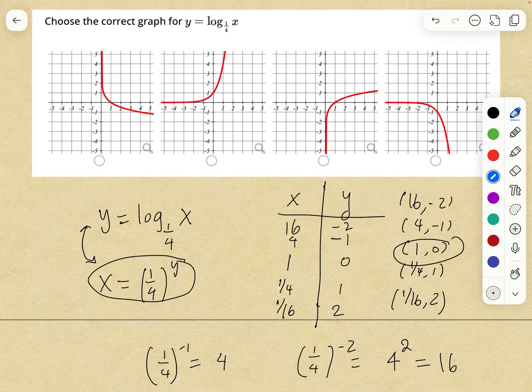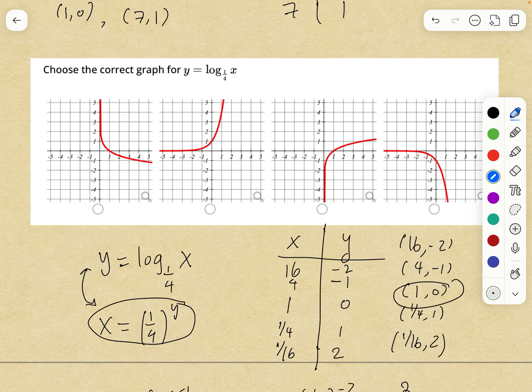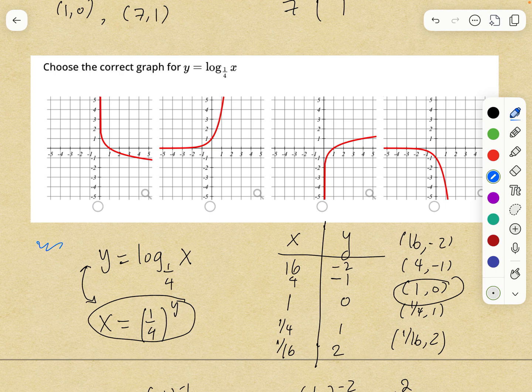Well, the second one certainly does not go through (1, 0). The third one does, the fourth one doesn't. So the fact that (1, 0) is on the graph rules out the second and fourth one. Okay, now we have to decide between the first and the third one.